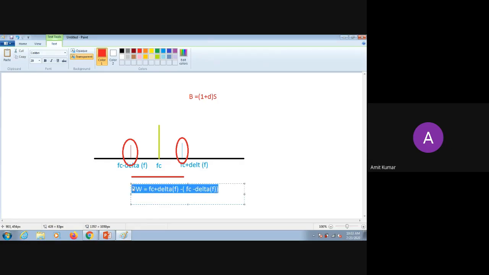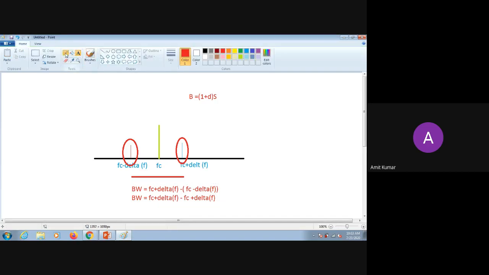When we open the bracket, here it will be minus and here it will be plus. Now the 2Fc goes out, Fc minus Fc, so your bandwidth will become twice delta F. This will be the bandwidth separating these two signals.